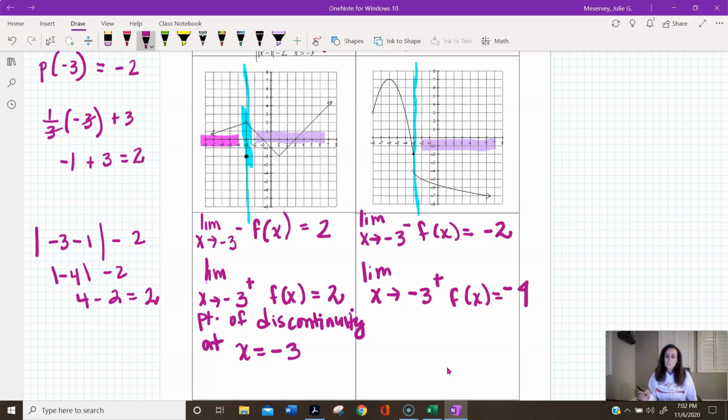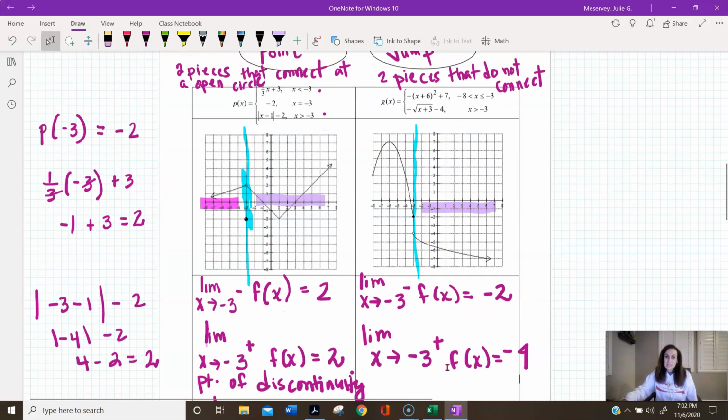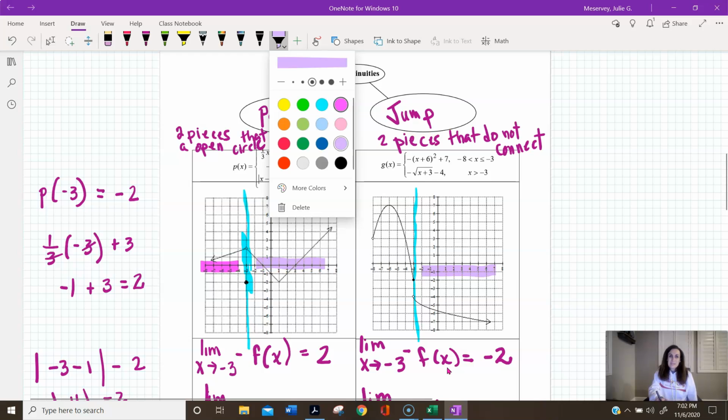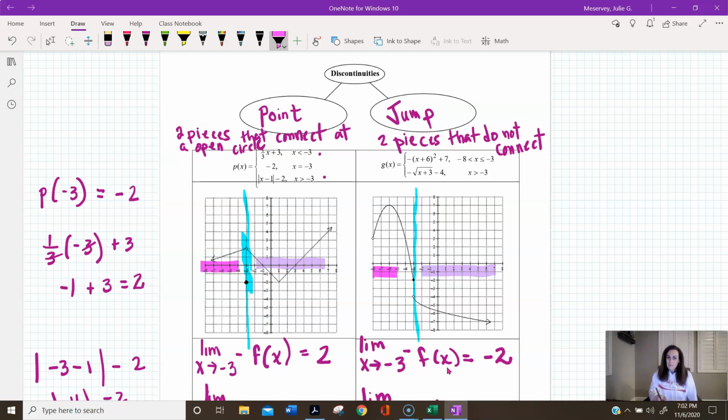Let me show you how this works algebraically. We're going to plug negative 3 in, and if we're coming from the left-hand side, in the bright pink, the limit is negative 2. What does that look like algebraically? You come up to the piecewise function and pick the piece on the left-hand side, that's this parabola piece.